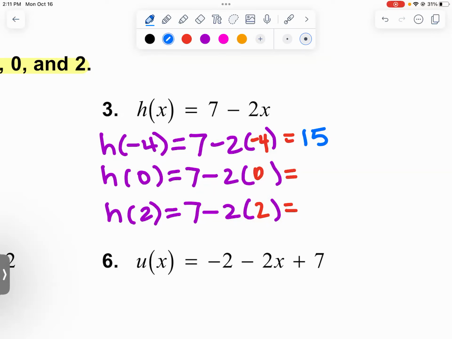Drew, what did you get for h of 0? 7. Good. Tyron, what did you get for h of 2? I got 3. Does anybody have a disagreement about any of these 3? Ella, are you good with these? Henry, you're good now?